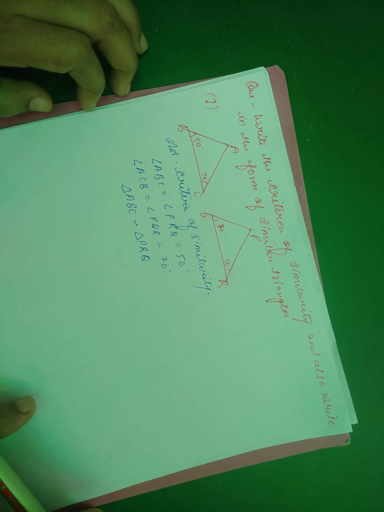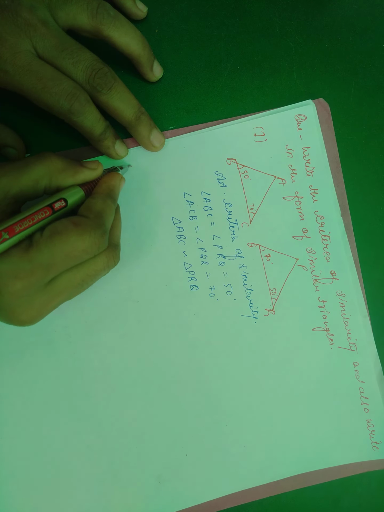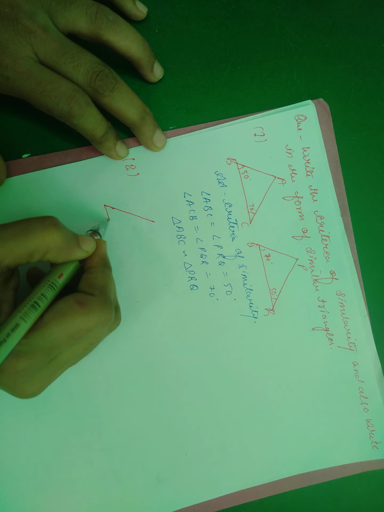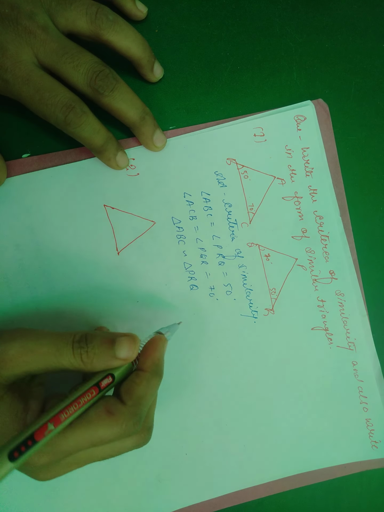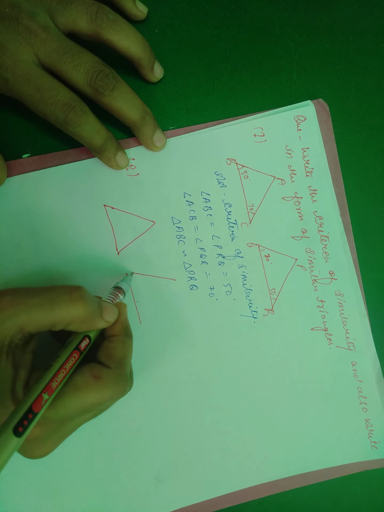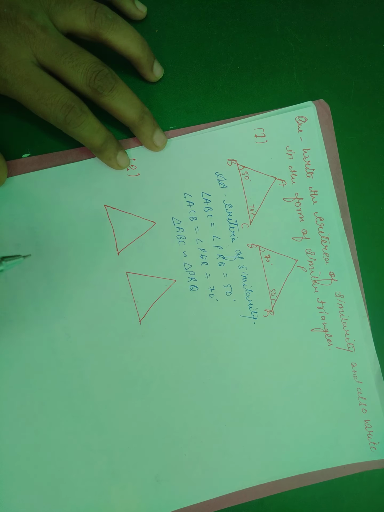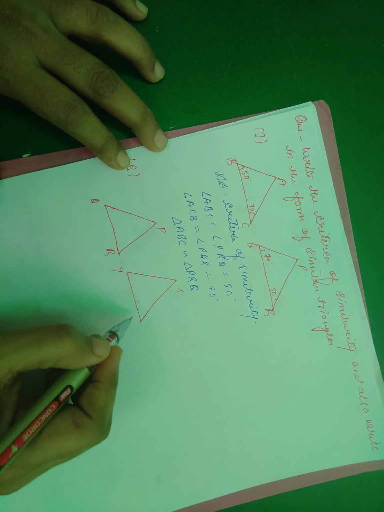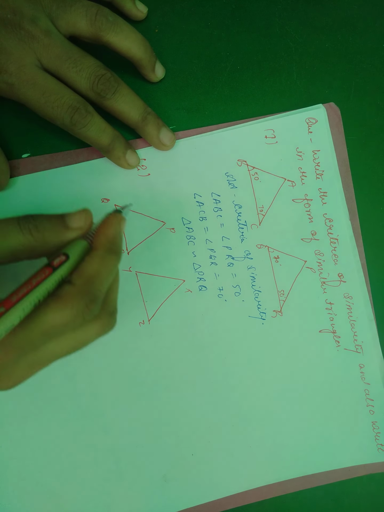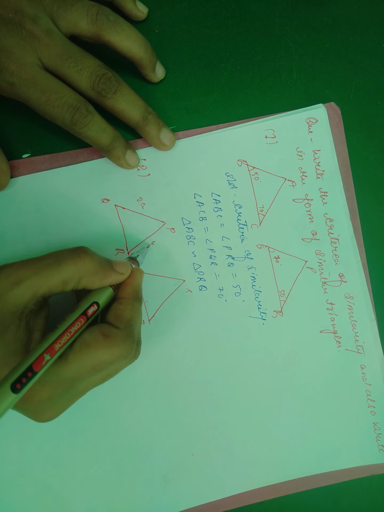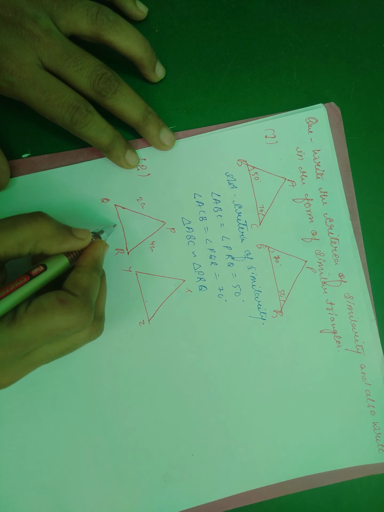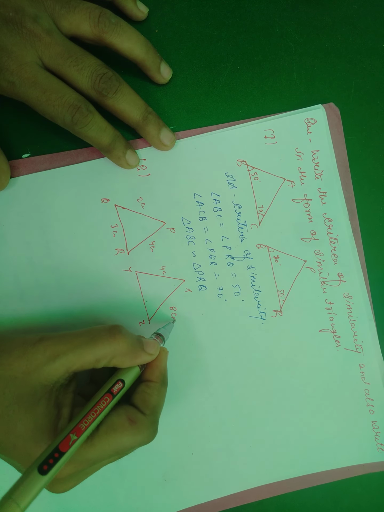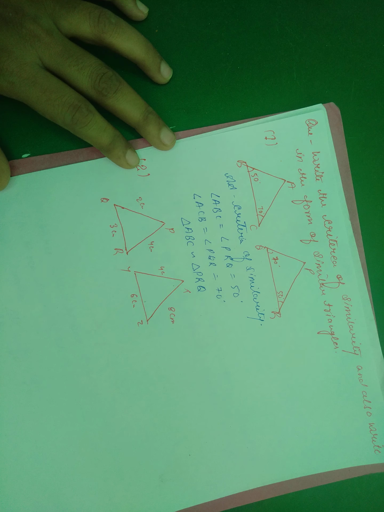Now the second is, make the two triangles again. My triangle is not good enough. PQR and here XYZ, right? So this is 2 centimeters, 4 centimeters and 3 centimeters, and here 4 centimeters, 8 centimeters and 6 centimeters.